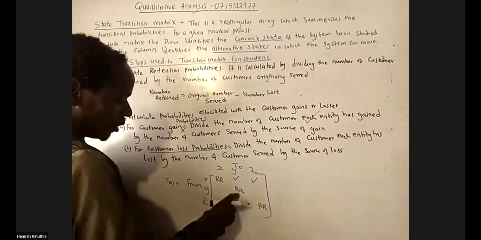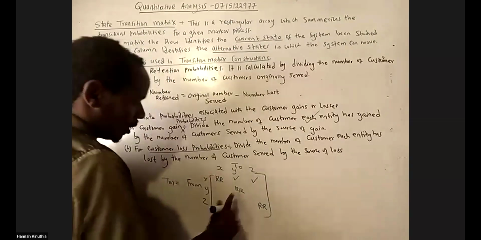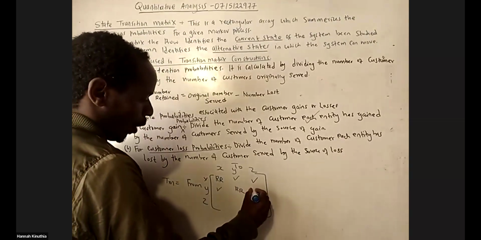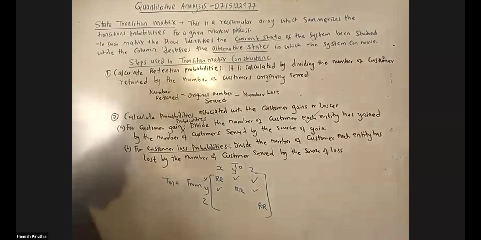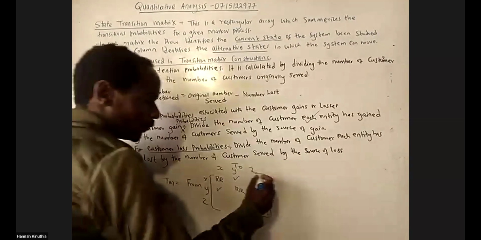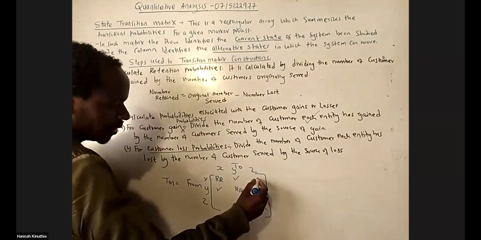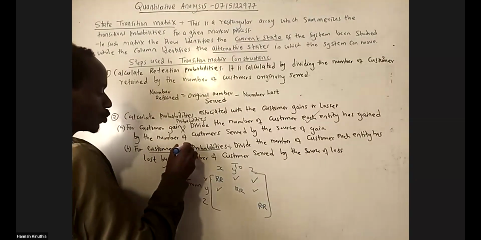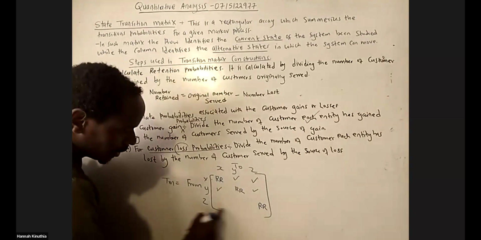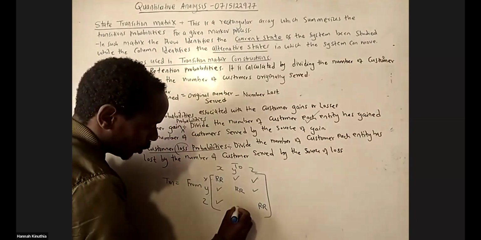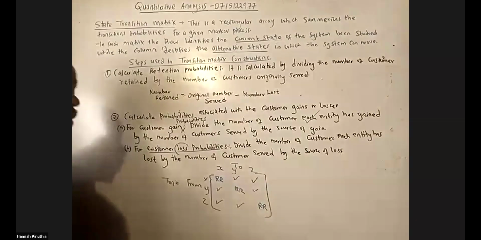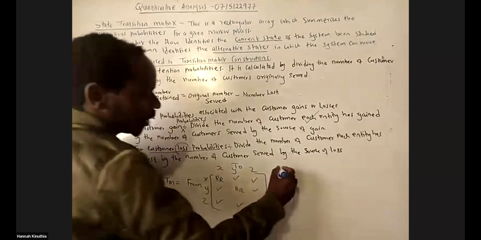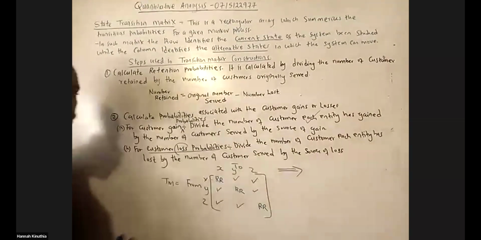Y retained some amount, then some amount was lost to the others. If you go from this side to this side, it represents the number of items that were lost. Z retains some amount, and some amount was lost to X and Y.